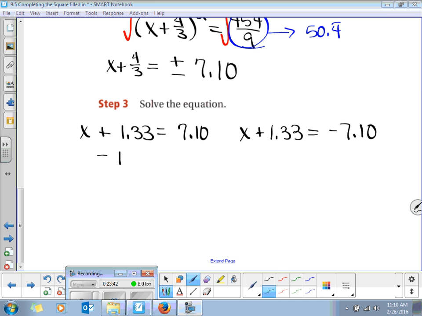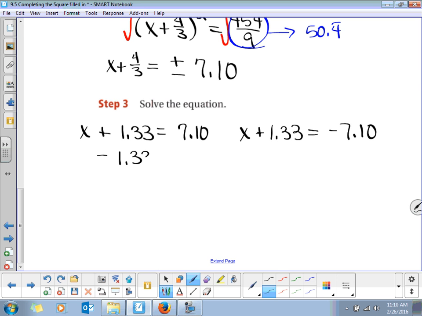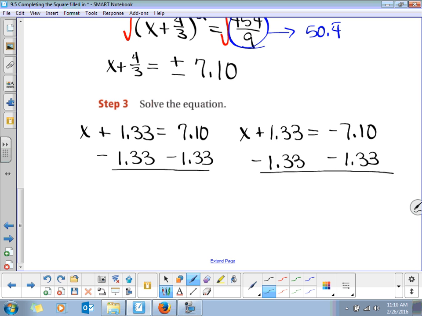Now we can simplify, solve for x. 4/3 is 1.33. Subtract 1.33 on this side and on that side. So our two solutions: x is equal to 7.1 minus 1.33, which is 5.77.